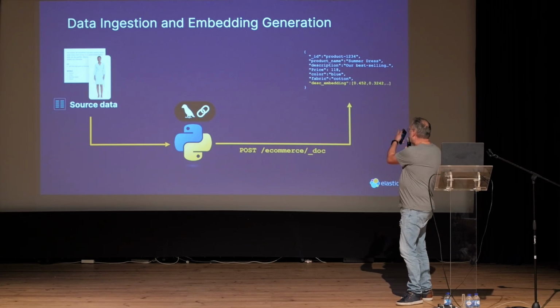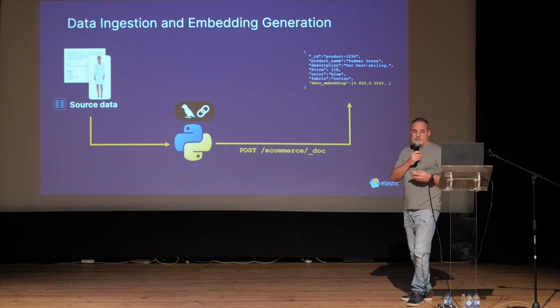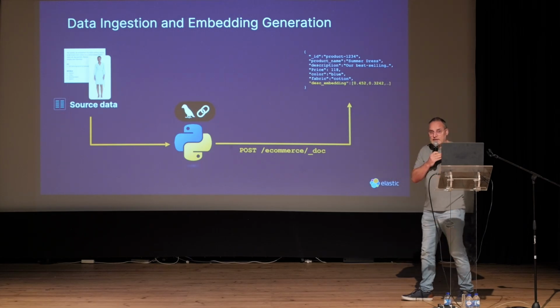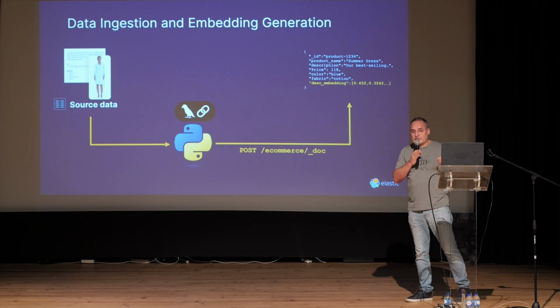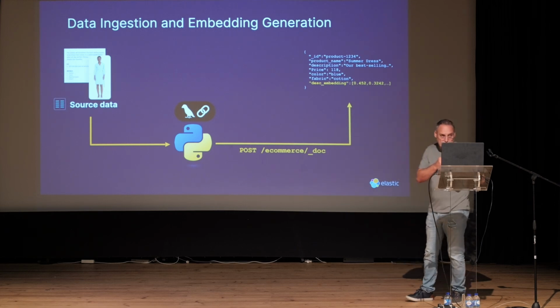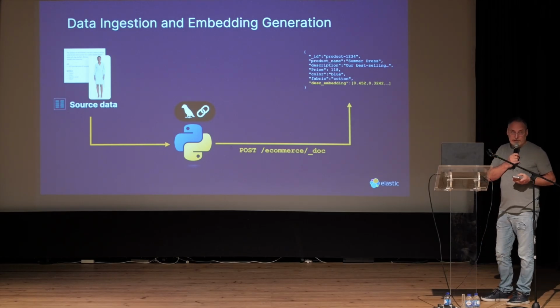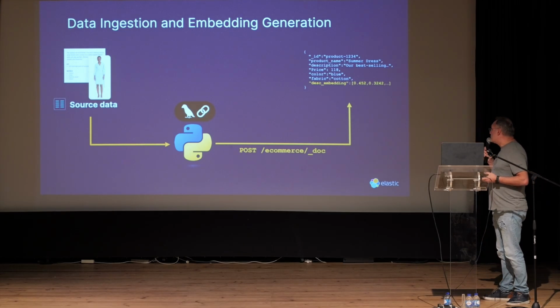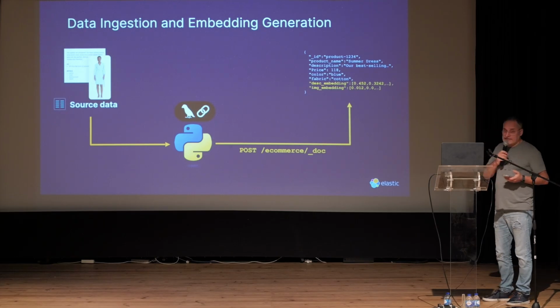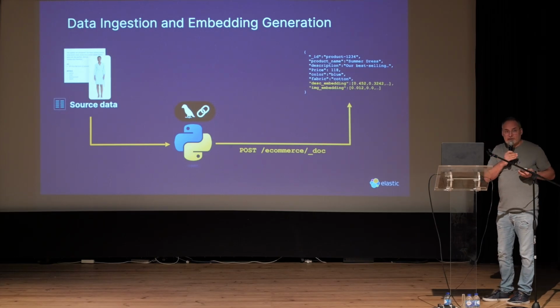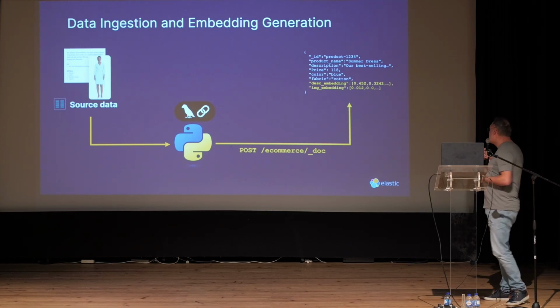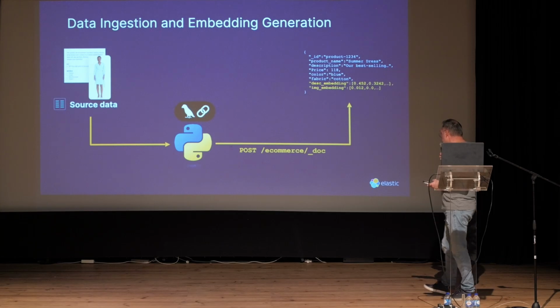The embeddings are exactly what you are seeing on the right in the yellow field, desk embedding. This is the vector representation of the same text, coming from the machine learning model. And because you may have images in your dataset as well, you can use another machine learning model to generate a vector representation of the image, if you wish. So that's how it works.